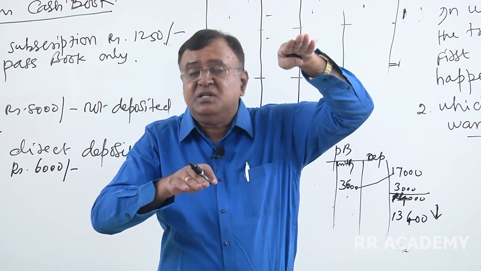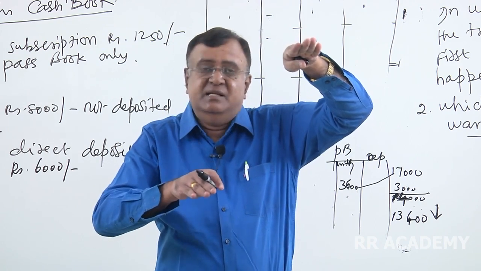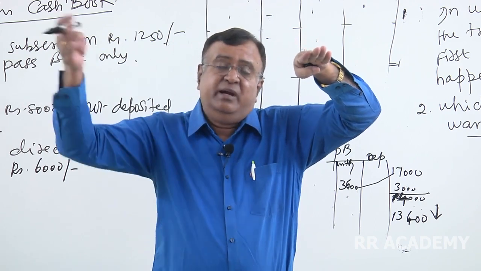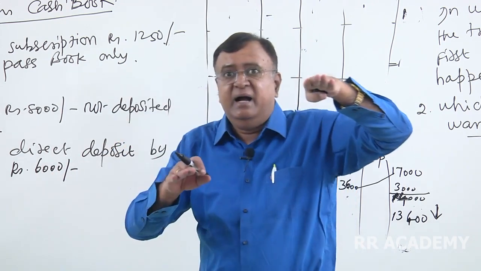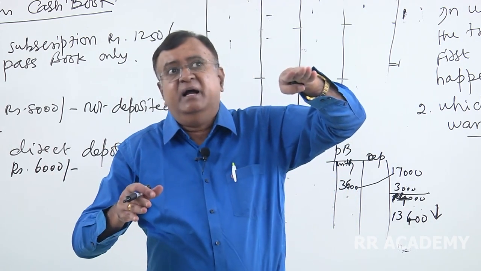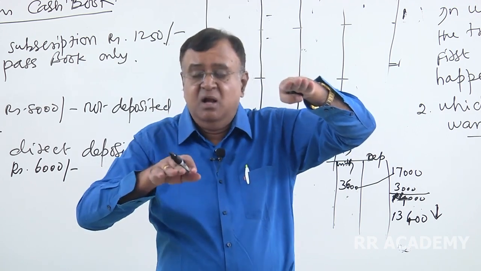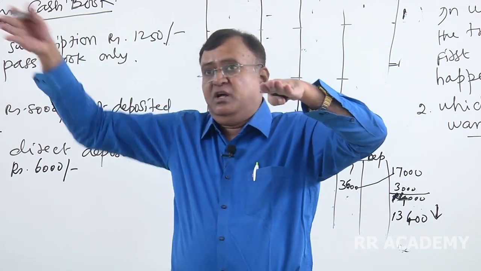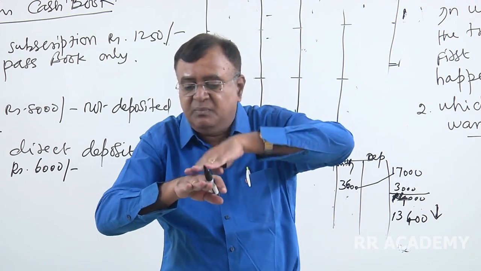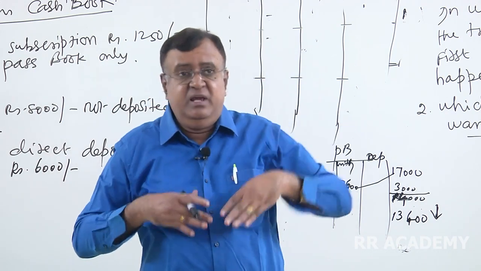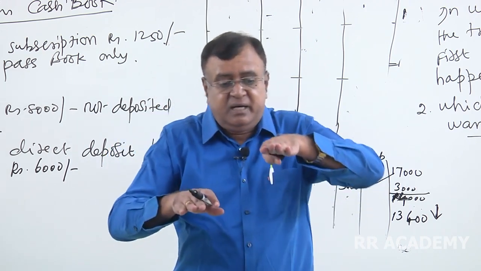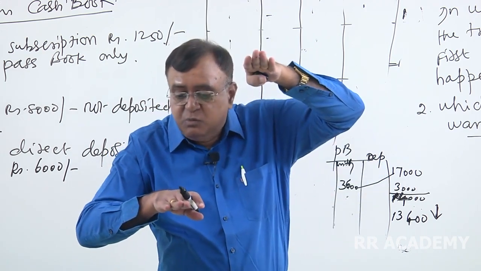But not deposited in the bank, so it has not yet come to the bank. Not deposited or not collected by the bank, or collected next year, all same. We ourselves are holding it, so cash book increased, passbook same.